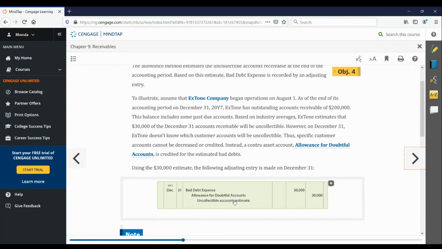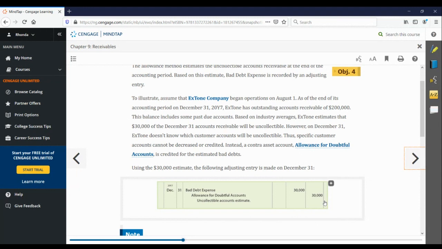So you'll notice that in this transaction, they have credited the allowance for doubtful accounts for $30,000. This is the total amount that they are estimating that will become uncollectible in the future.